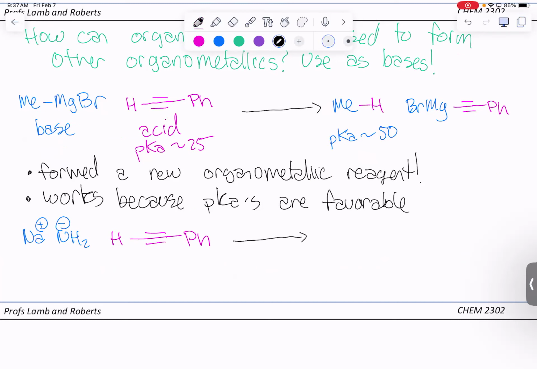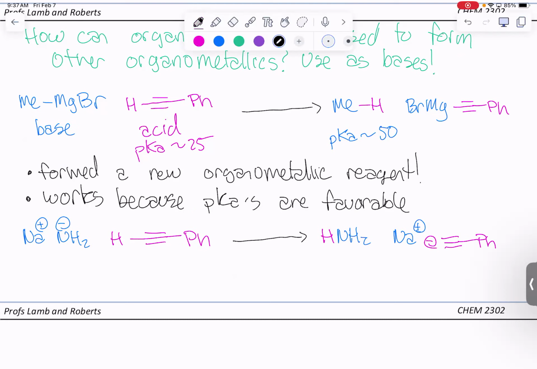And in this case, we're just going to form ammonia, and that's going to form our base. The NH3 is ammonia. And then we would have our sodium cation. And then in this case, because we have sodium, you'll recall that it's an ionic bond.